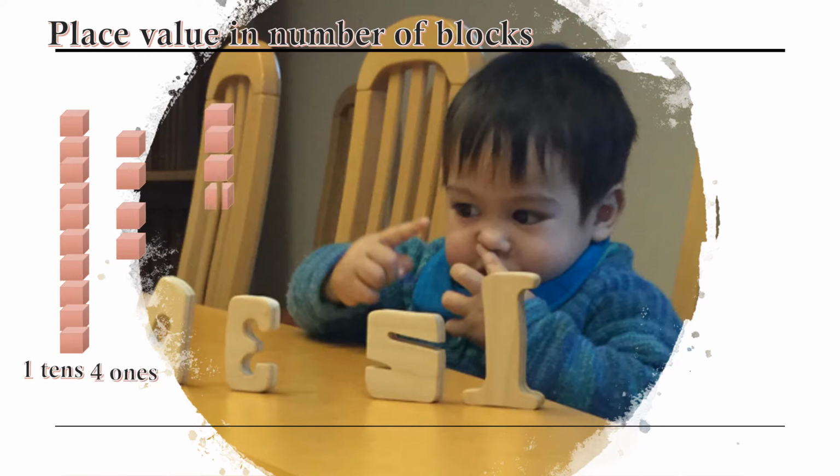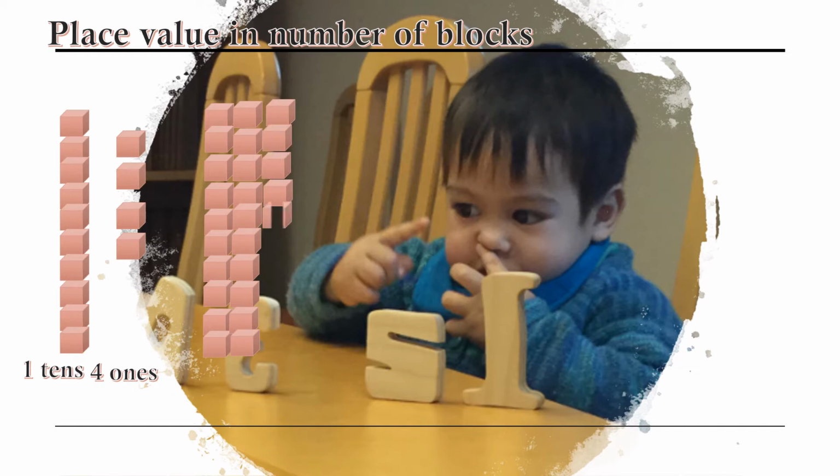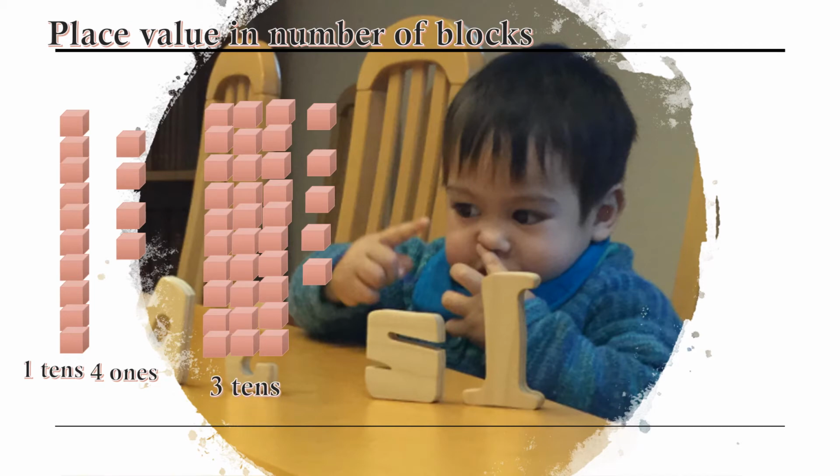Next, we count the blocks: we have 3 groups of tens and 1, 2, 3, 4, 5. We have 3 tens and 5 ones.